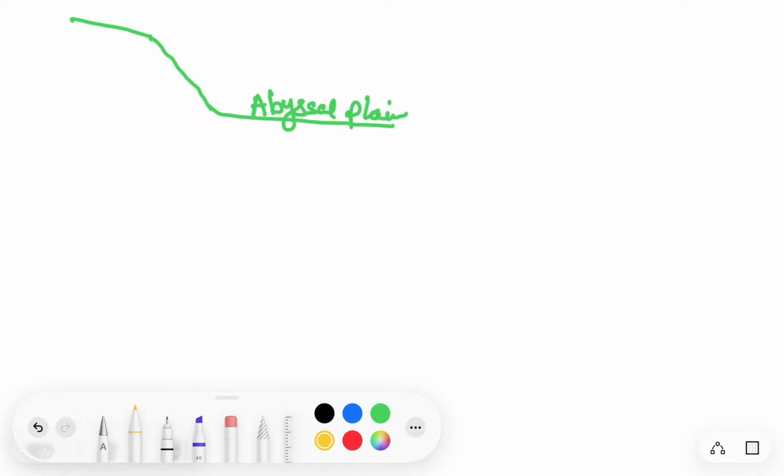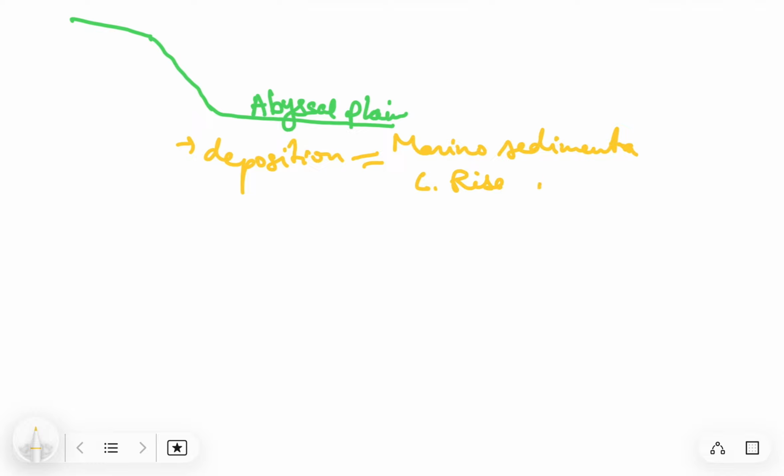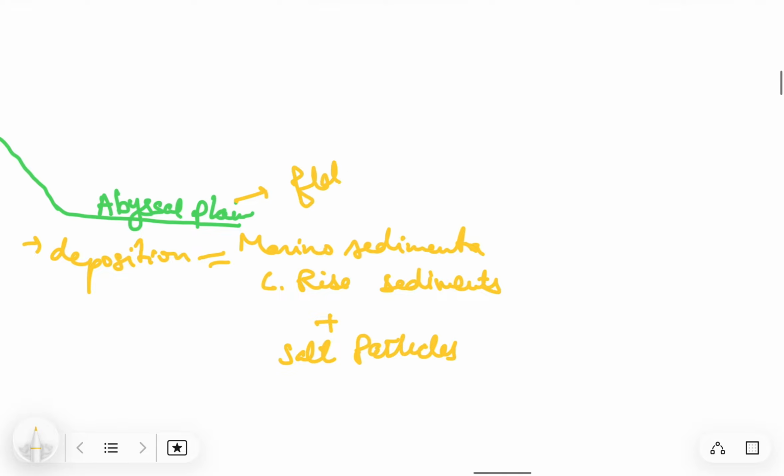Now in case of the abyssal plains, here is deposition of marine sediments, deposition in the continental rise sediments, and we also have salt particles, and abyssal plains have the flattest topography of oceans.